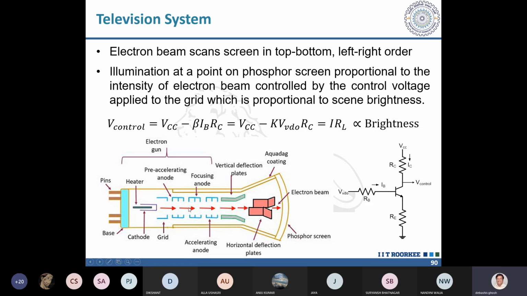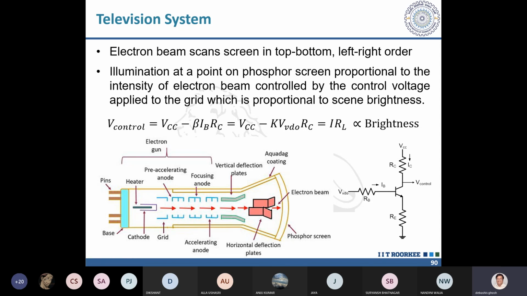So wherever the electron beam is striking, the phosphor material will get illuminated, and the brightness of illumination will depend on the intensity of this electron beam. If more electrons are striking the phosphor screen, then it will be brighter.